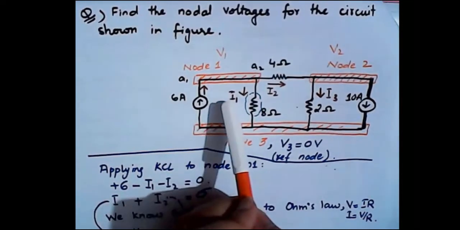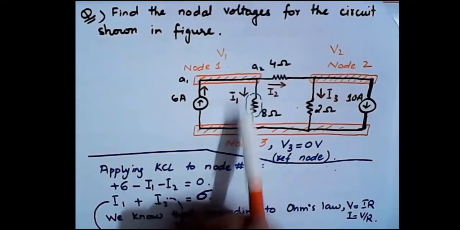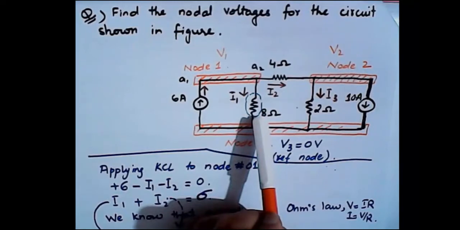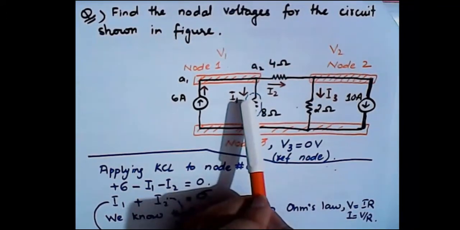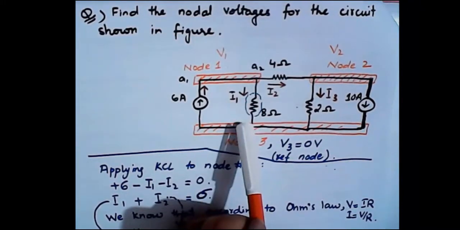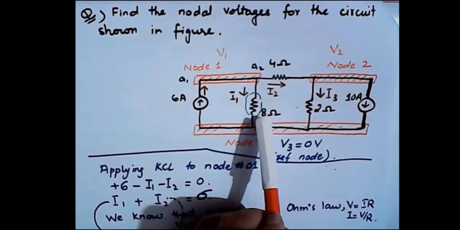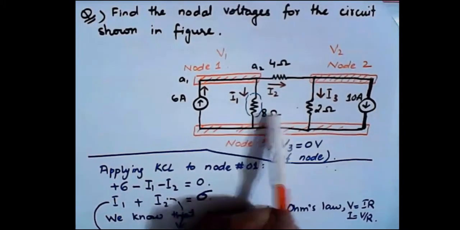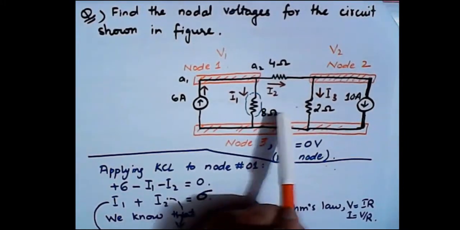Now we can represent I1 in terms of voltages. How? Because I1 is traveling through a resistance of 8 ohms. That means the voltage difference, because voltage is always measured across any element, the voltage difference responsible for the flow of I1 will be V1 minus V3, and it will be divided by the resistance to find out the value of current, 8 ohms, right?